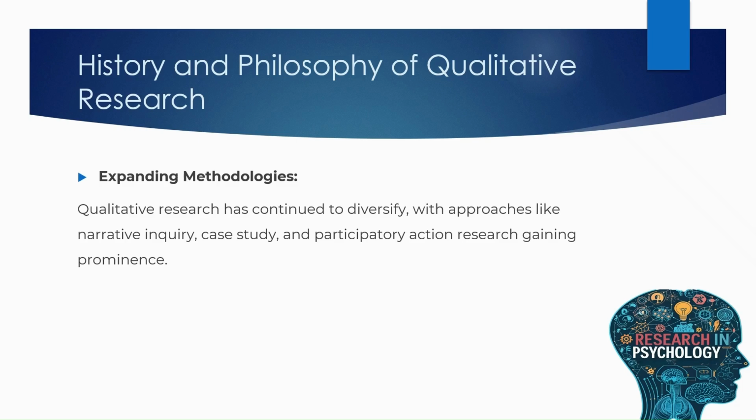So they say knowledge is derived from sensory experience and it should be verifiable through empirical testing. All right. So it emphasized the use of mathematical and statistical techniques to prove whatever was being observed.